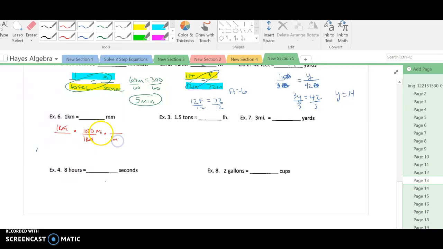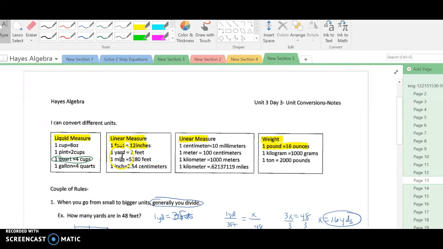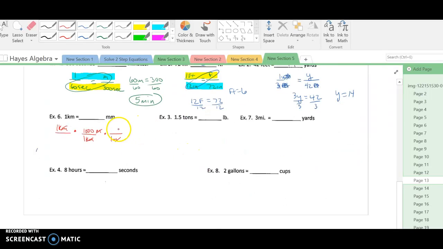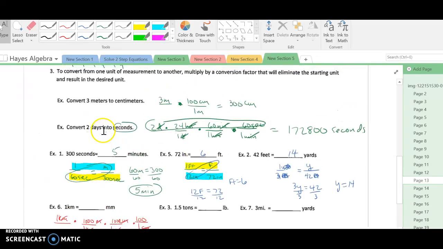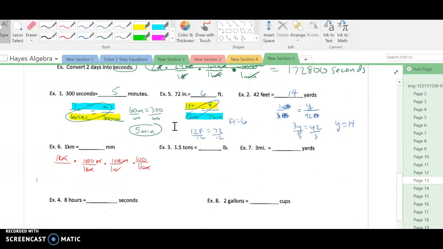So 1 meter, those cancel out. 1 meter up here is equal to 100 centimeters. So I'm going to put 100 centimeters here. I'm going to work through that conversion chart all the way until I get to millimeters. So now 1 centimeter, these cancel out, is equal to how many millimeters? 10 millimeters.